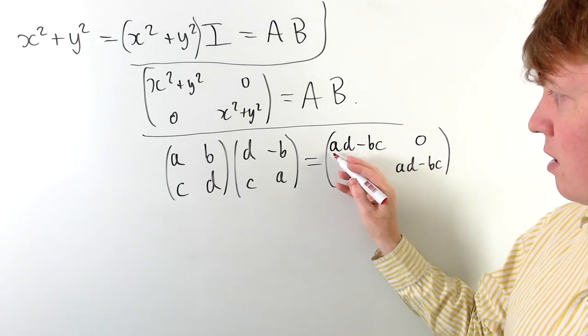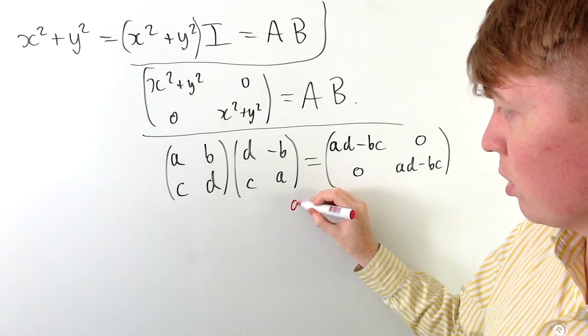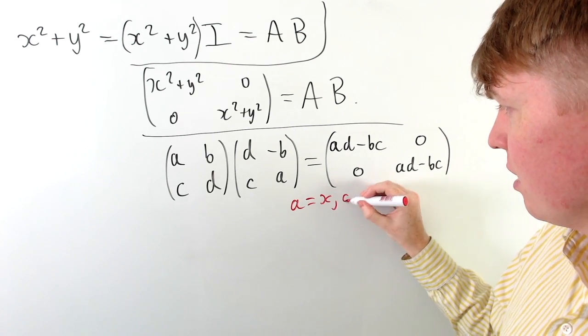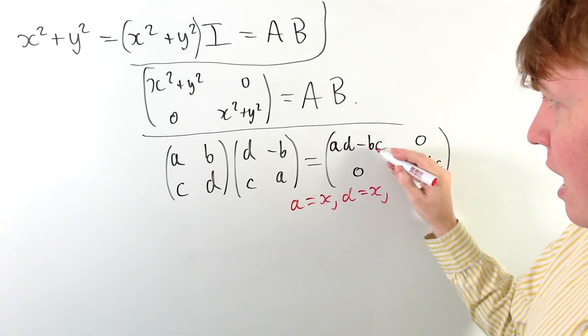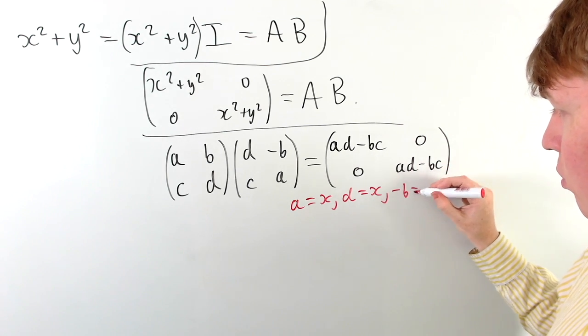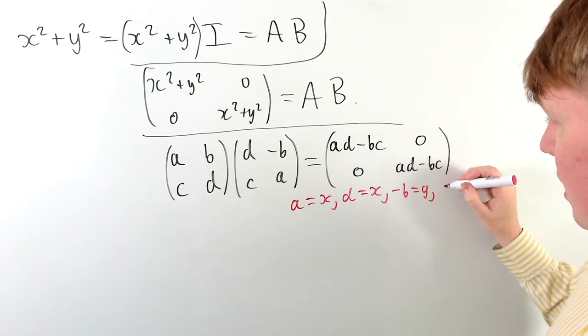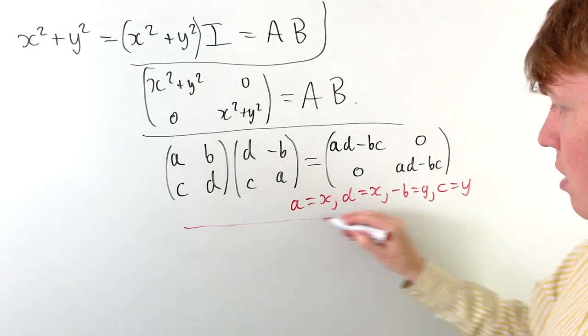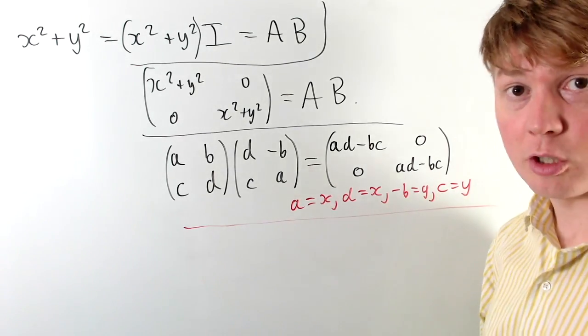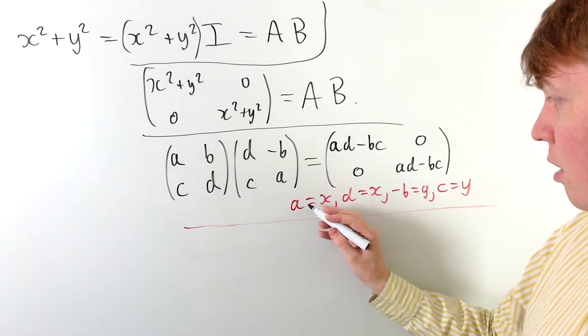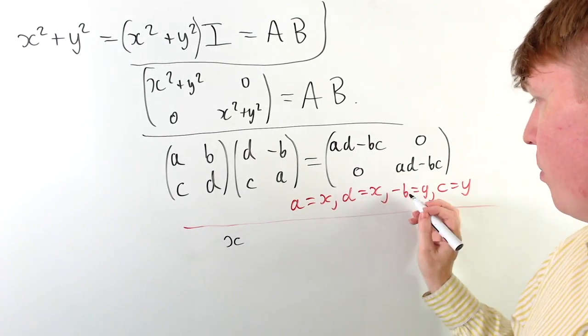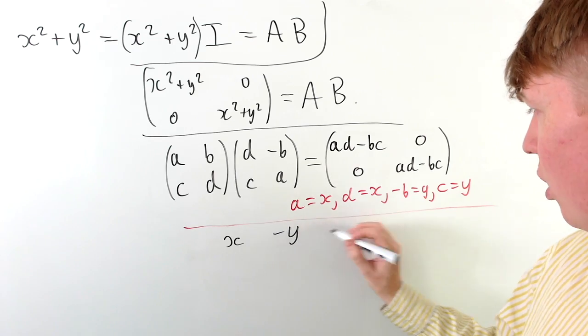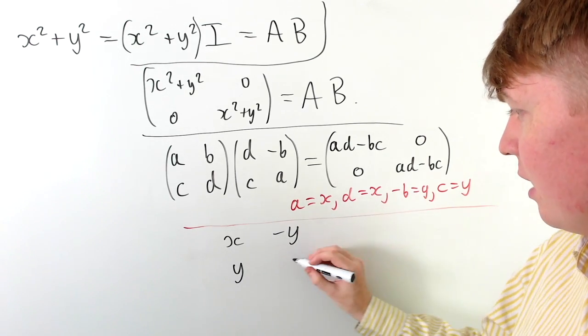So it makes sense now. Let's say our AD is x squared, so we could take A equal to x, D equal to x, we could say negative B is equal to y, and let's make C equal to positive y. Then we know, just using this nice insight from the inverse of a 2 by 2 matrix, that our A is x, our B is negative y, our C is positive y, and D is x.